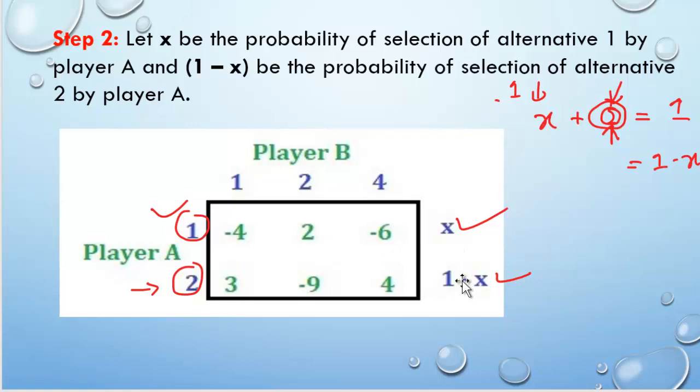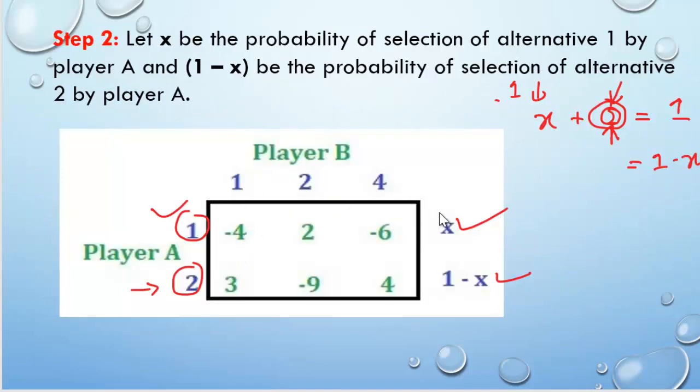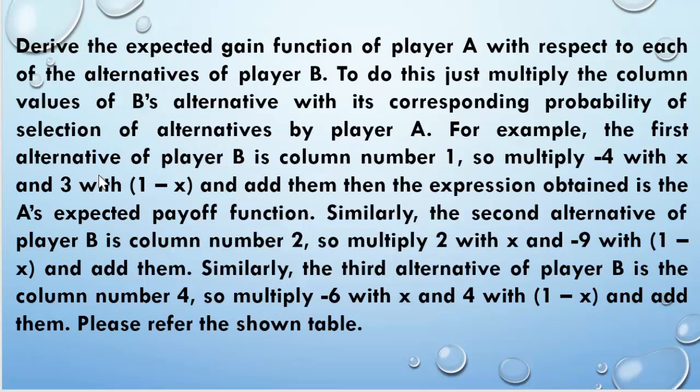So we derive the expected gain function of player A with respect to each of the alternatives of player B. How do we do that? We multiply the column values of B's alternative with the corresponding probability of selection of the alternative by player A. That is, we multiply the column values with A's probability and add the next value, okay? For example, for the first alternative of player B, column number 1, we multiply -4 with x and 3 with 1 minus x and add them together.